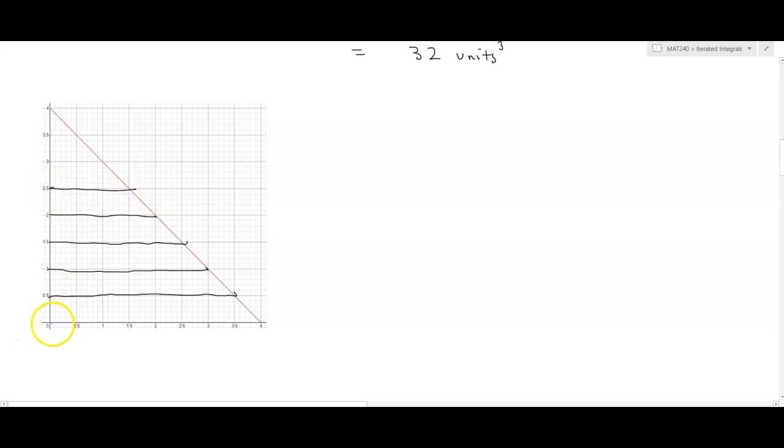Notice that I'm starting at y equals 0, and I'm breaking this up into horizontal strips until I reach y equals 4. So this is going to be from y equals 0 to y equals 4 as my outer integral, and my function is, of course, 4, and then my outer variable of integration is dy.